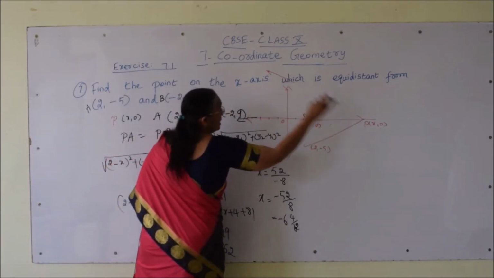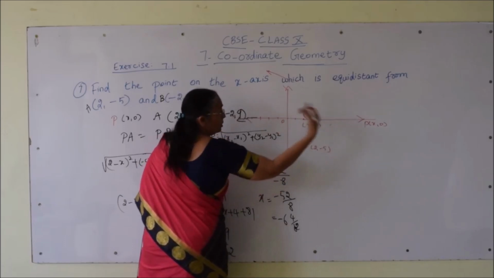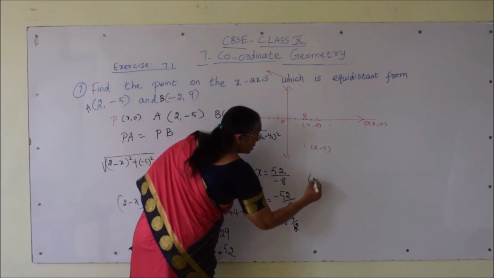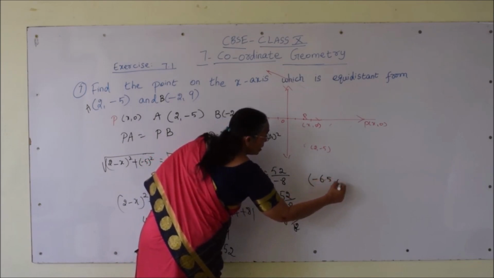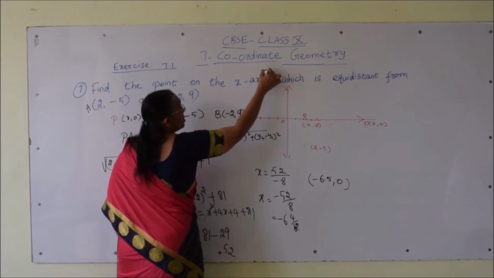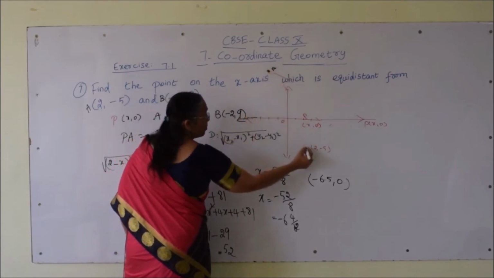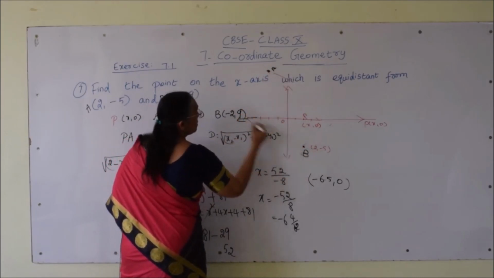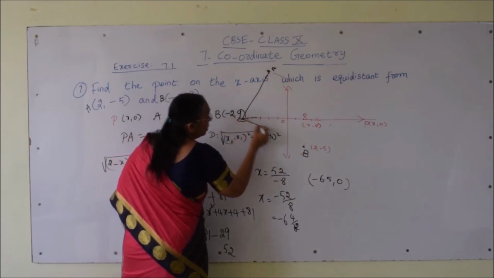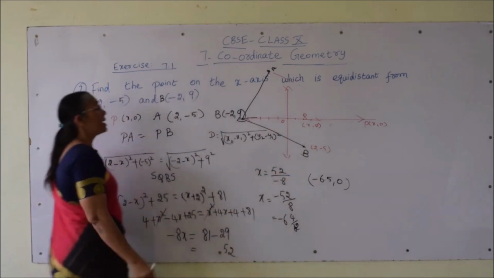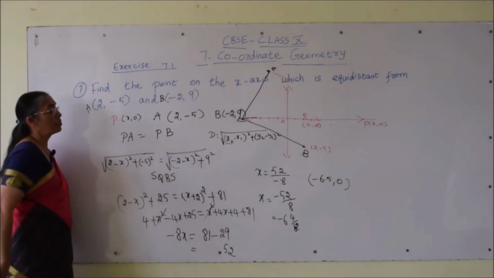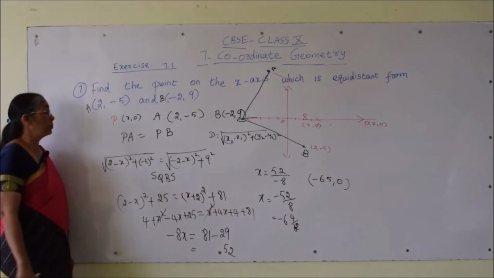We just randomly considered, so it can be in the positive direction or in the negative direction also. So, our answer we got is minus 6.5 comma 0. This is the point A, this is the point B, and this is our required point P here. So, the point P is on the x axis and it is also equidistant from the 2 points.